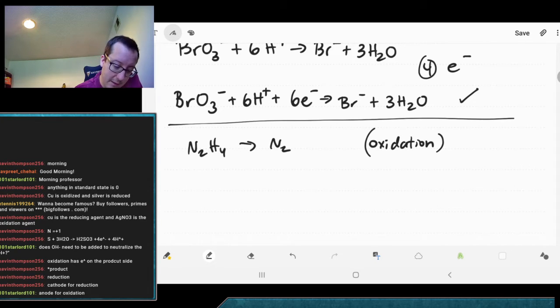But if we wanted, we could see that these go from minus 2 to 0, so that's increasing as we go. So let's start out balancing nitrogen, we're done. Balancing oxygen, we're done. Let's balance some hydrogens now.